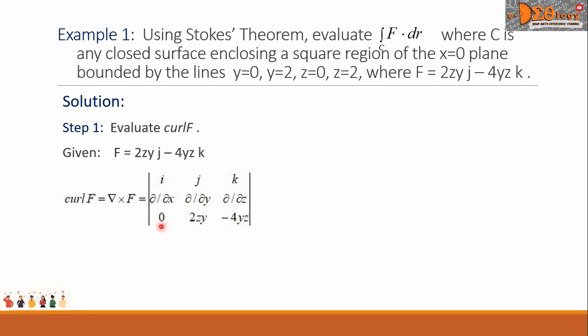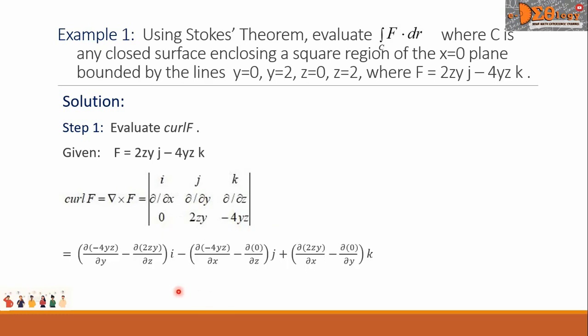So we have here 0, 2zy, negative 4yz. With respect to determinants, it becomes like this.